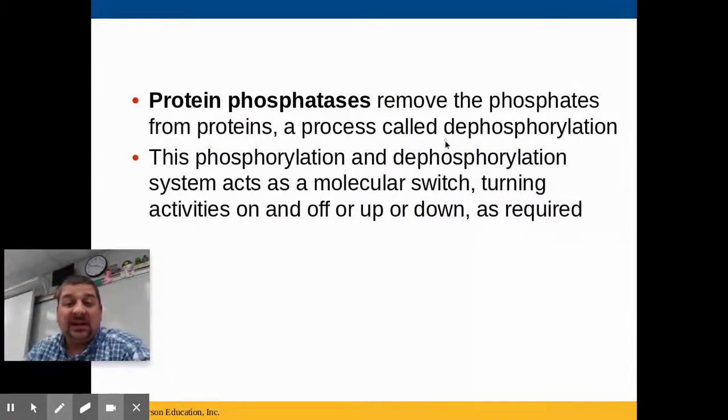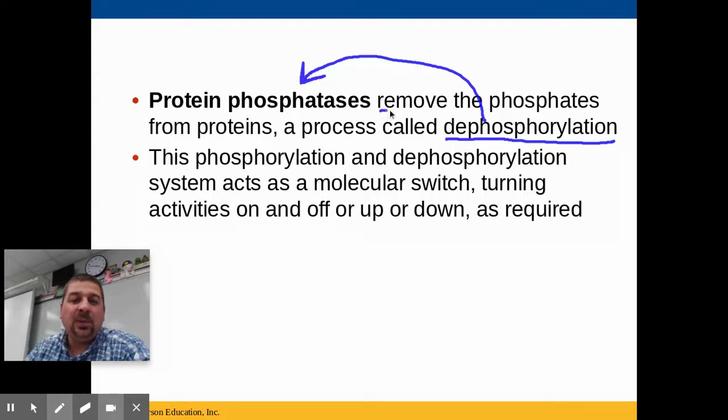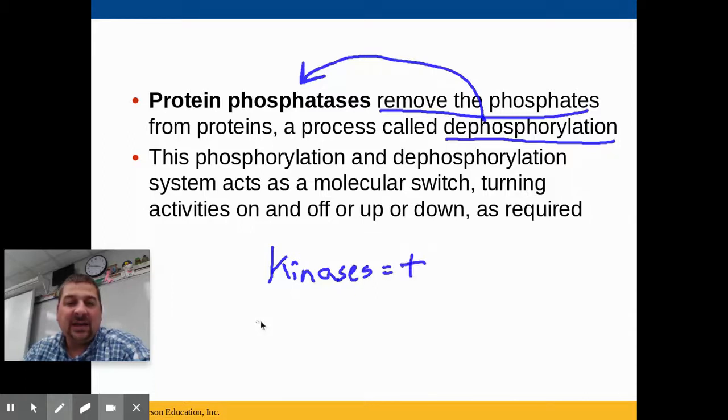The opposite, dephosphorylation, is done by protein phosphatases. Enzymes that remove phosphates are phosphatases. So we're going to have kinases, which are going to add, and phosphatases that are going to remove phosphate groups.